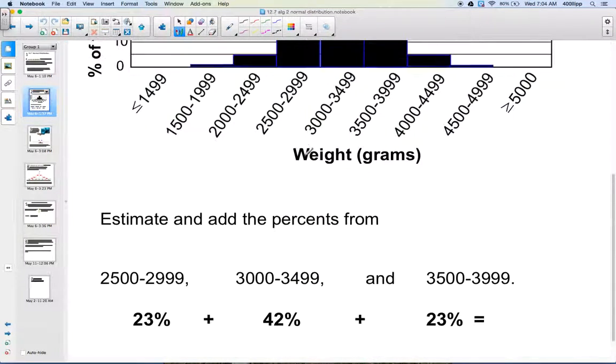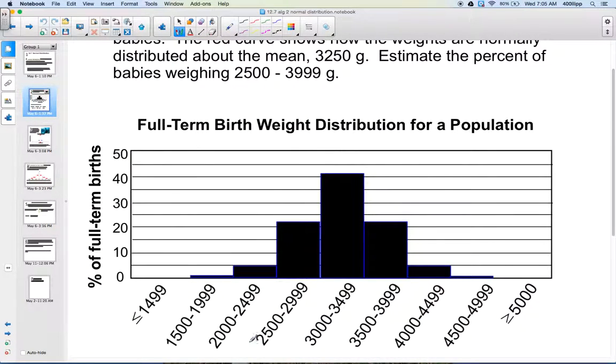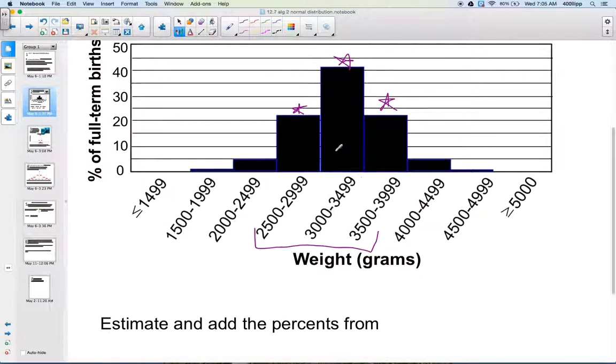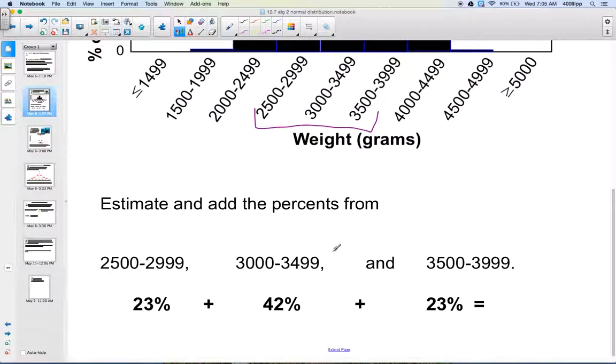So we want to see, okay, we're looking at the ranges from here all the way up to here. So we're looking at these 3 bars, and then we're going to just simply add them up. So if we estimate and add the percentages, we'll have 23% plus 42% plus 23% is going to give us a total of 88%.